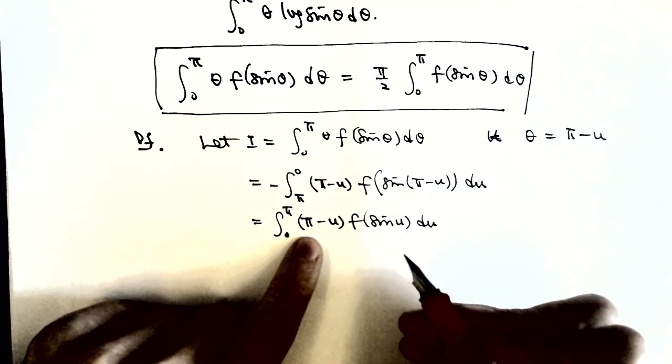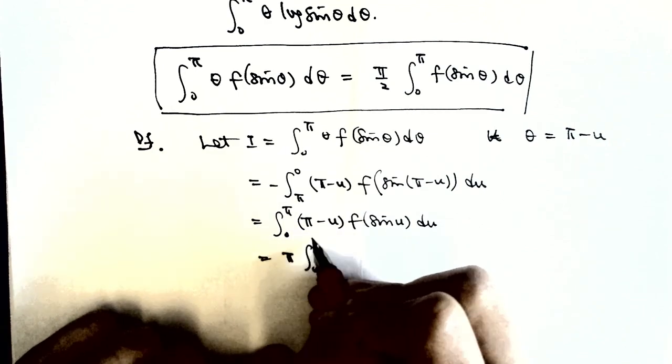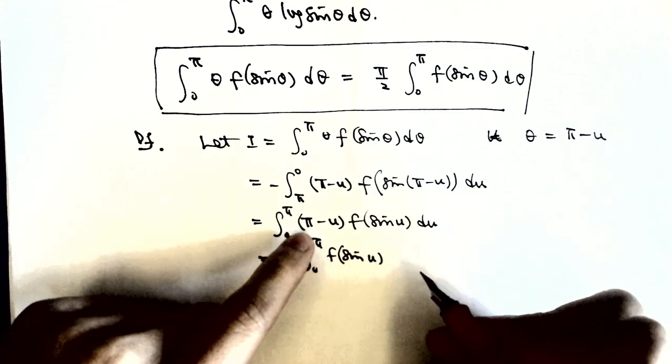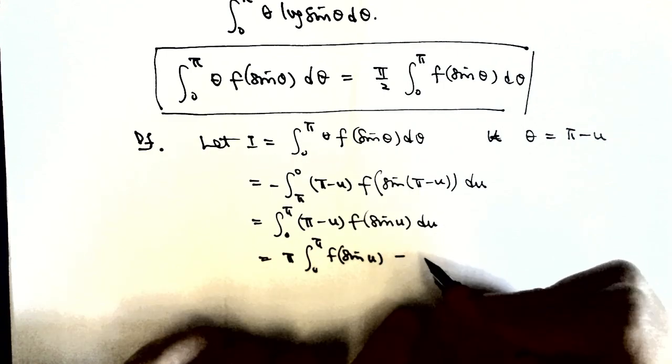And then we notice that we can split this integral into two parts. The first part is the one without the u, just the pi, which we factorize out, with another du.